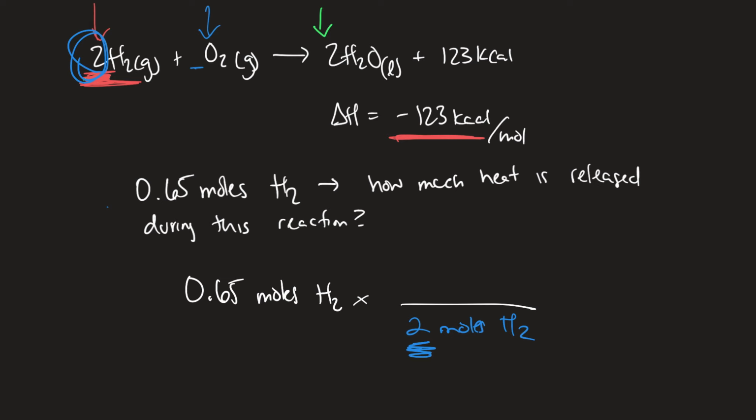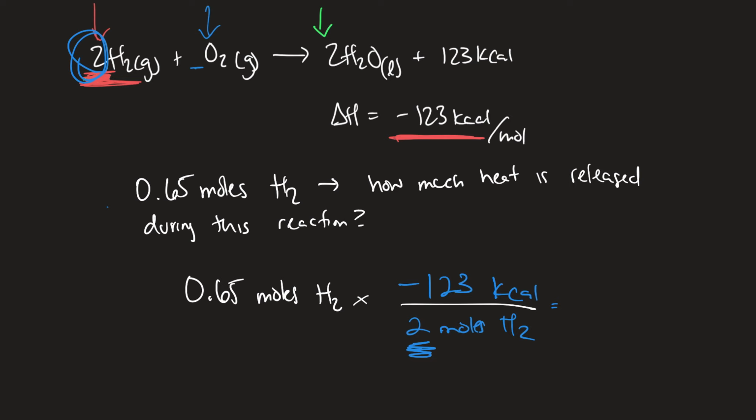And then I'm looking for energy, so I'm going to use this number here. That's my energy figure, in this case negative 123 kilocalories. Now you just have to put this in the calculator accordingly so we can get the answer.